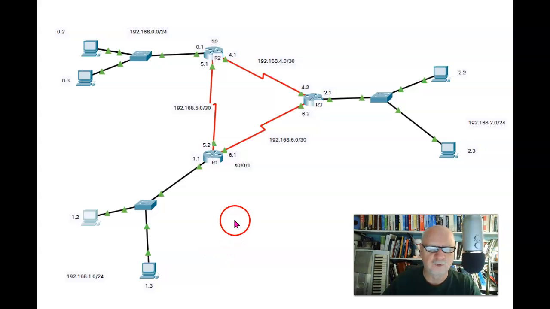In a previous video, we looked at setting up a static route from 192.168.1.0 to 192.168.2.0 on these two routers, and then back again. I'm going to remove that static route.